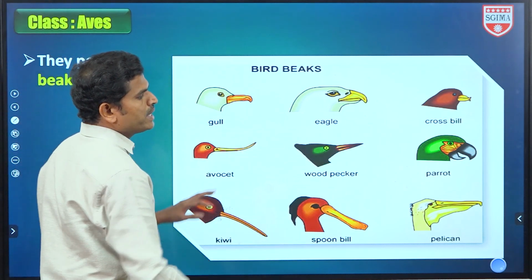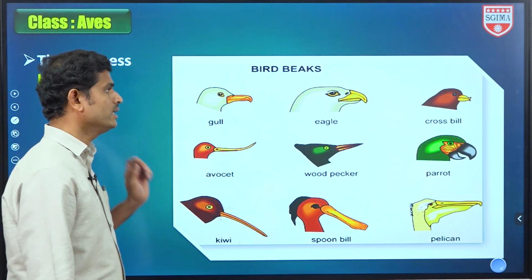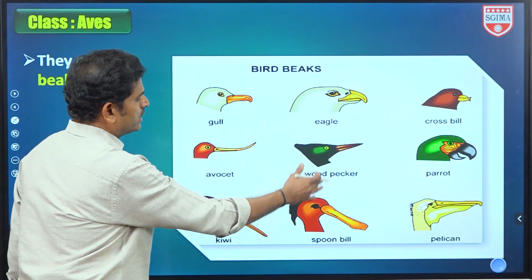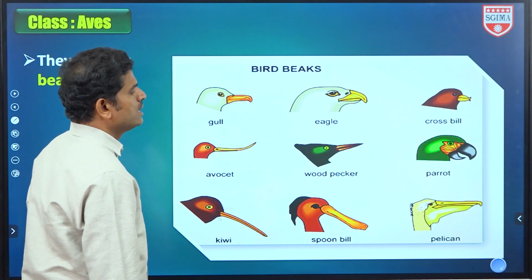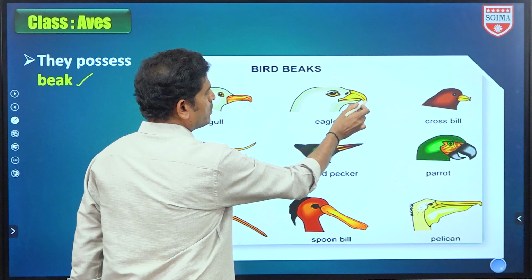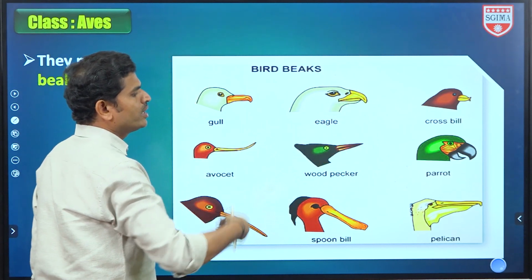Different birds, based on their habitat and availability of food materials, have different varieties of beaks, based on their food habits. Some are purely carnivorous. Their beak is very pointed and curved, which helps to pluck the flesh from the organism.